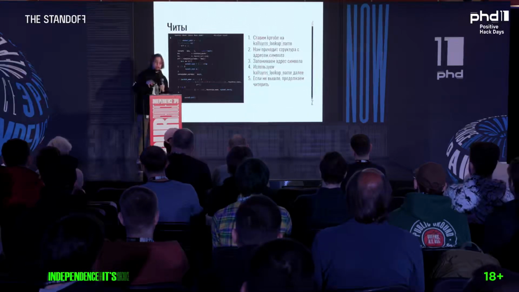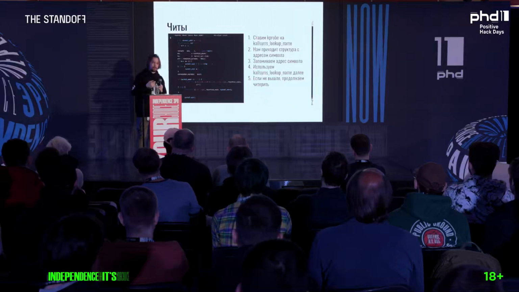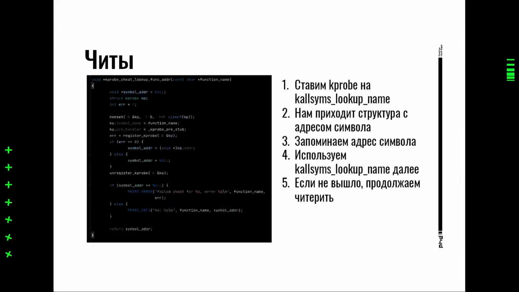How does it work? You set the kprobe, and the kprobe structure with the hook will give us back the address of the function. So we use kprobe to find kallsyms_lookup_name, and we use this to find the address and the attributes of the address. You can hardly make out the code, so let me explain it. Well, I have shared with you the essence of it, so let's proceed.